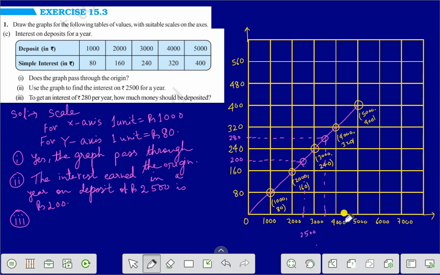It is 3000, it is 4000. In between it will be 3500.